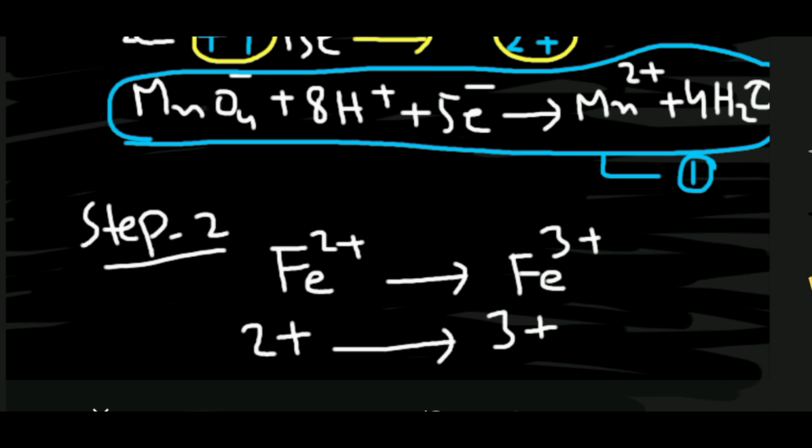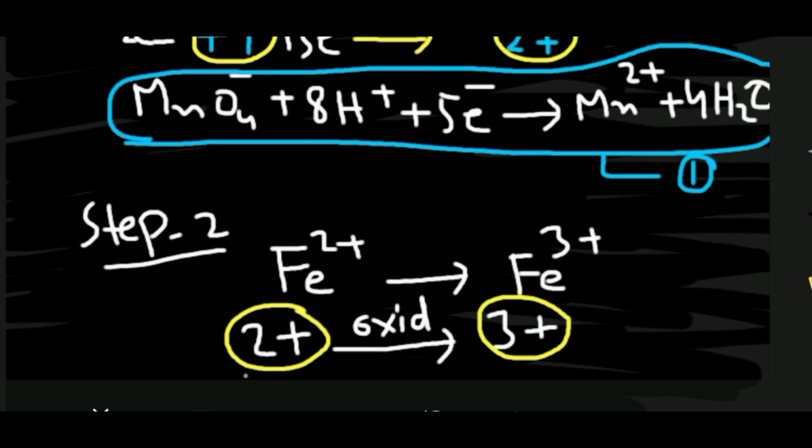So we can say that the ferrous has been oxidized to ferric, from plus 2 to plus 3. The charge has been increased, so oxidation occurs.